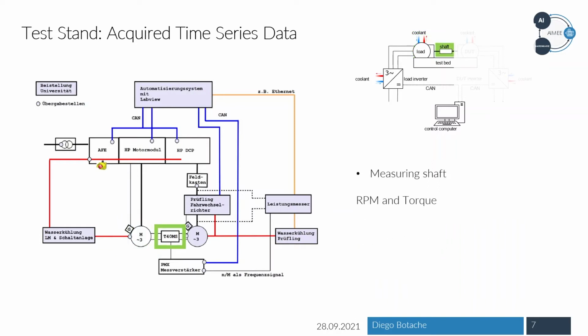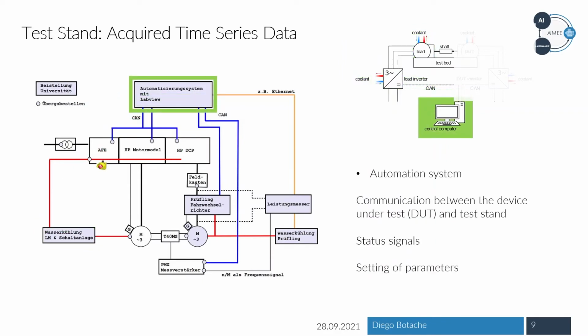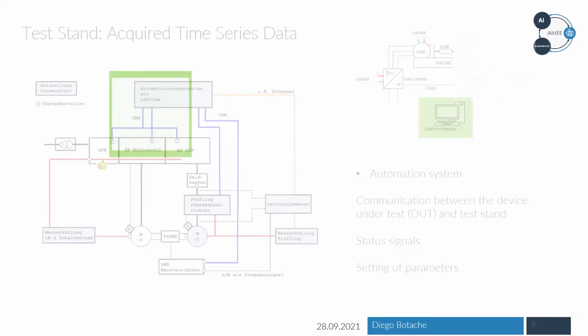At the measuring shaft, we have also revolutions per minute and torque. At the water cooling system, we have temperature and the flow rate. And finally, the automation system communicates with all of these devices using a CAN, and it also provides some status signals and target values for the experimental process.